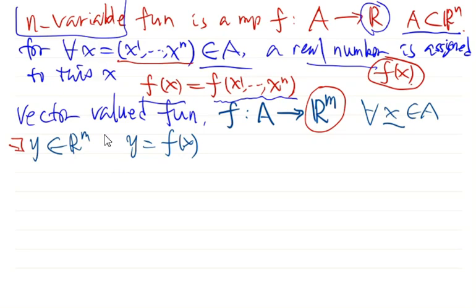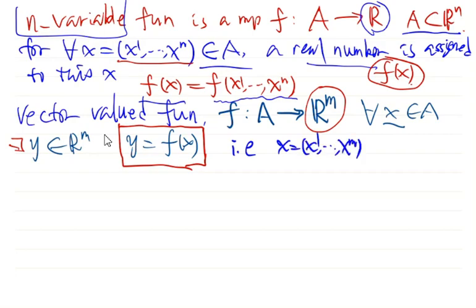So this function we denote in this very compact form, very brief, very simple. But if you want to write it component wise, it is exactly this. For every x = (x1, ..., xn) associated to y, y has m components y1, ..., ym.